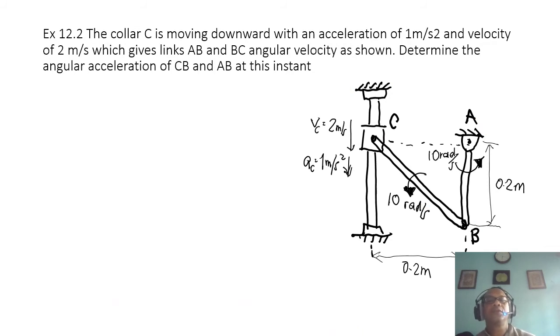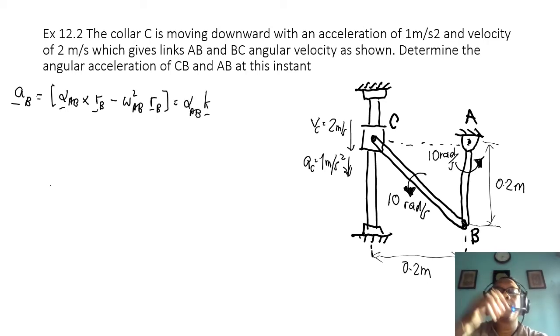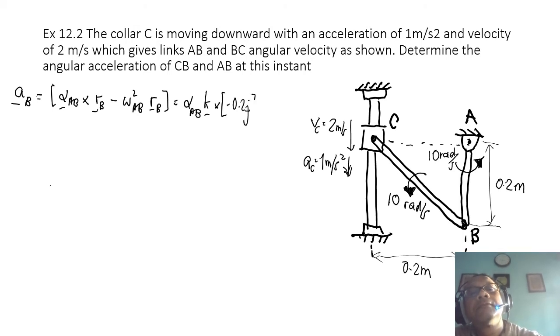So let's do the B component. Acceleration of B equals alpha AB cross position vector B minus omega square position vector B. We just assume that alpha AB is K, so alpha AB K cross position vector B, which is minus 0.2J, minus omega square, 10 square, times minus 0.2J.